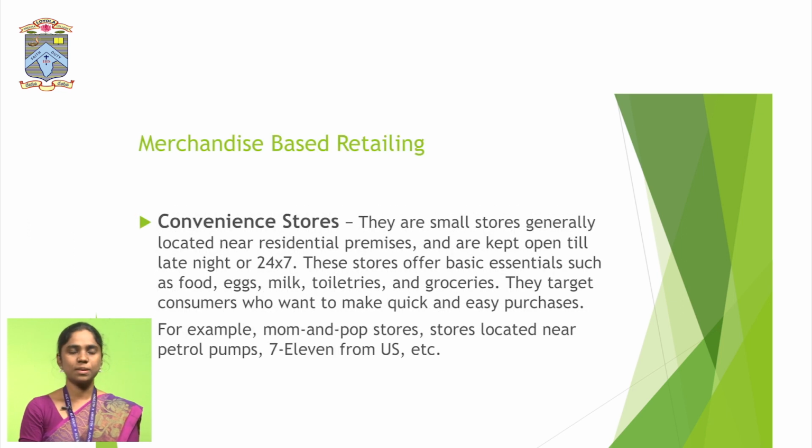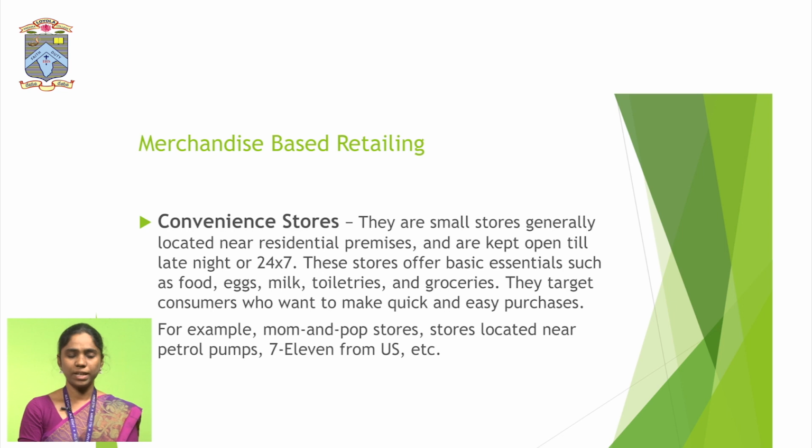And the second one is merchandise based. What is merchandise? In retail terminology, the goods or whatever things we have are all called merchandise. Whatever the good or product may be, we call it merchandise. According to the merchandise, we have different business formats. The first one is convenience stores.